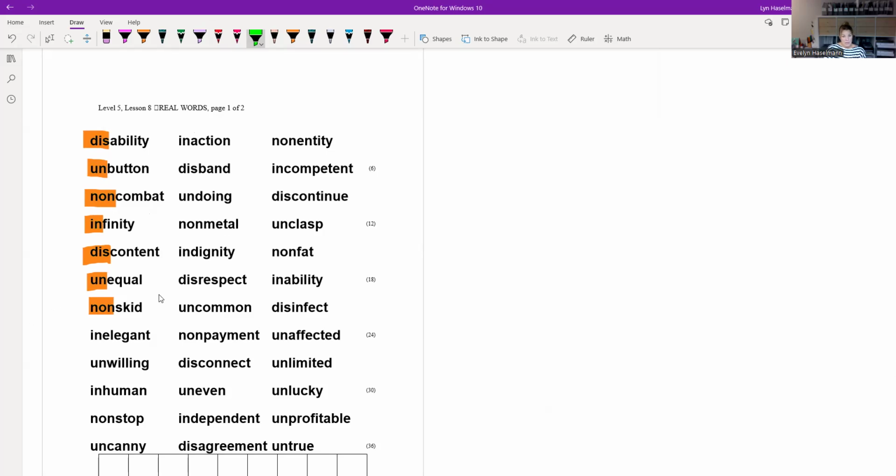Looks like the first page has a couple suffixes on here. Not too many, but it's kind of building up, it looks like, for your student for the next page, which will have more. So again, I would have them go through, find your prefixes, find your suffixes, look at the base word, read, accurately read.